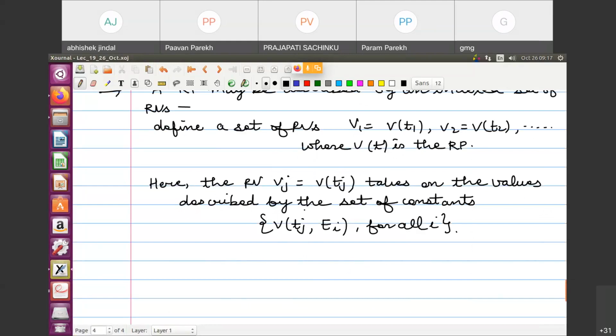Takes on the values described by the set of constants. Now you will say that we know this is a fixed set to which Vj belongs, but you cannot say what value it takes because it depends on this E of I, and I is varying, and this E of I itself is random. Okay, so once this E of I is random, you will get random values for a particular time.